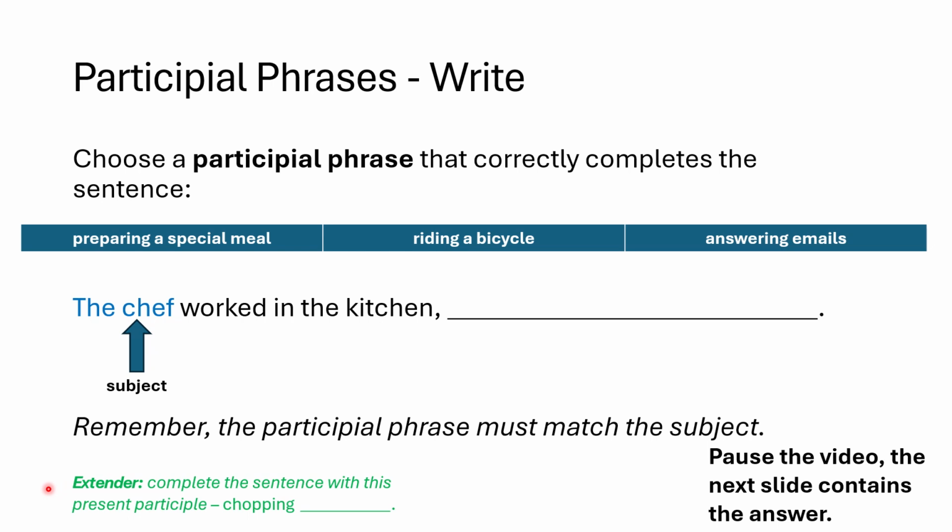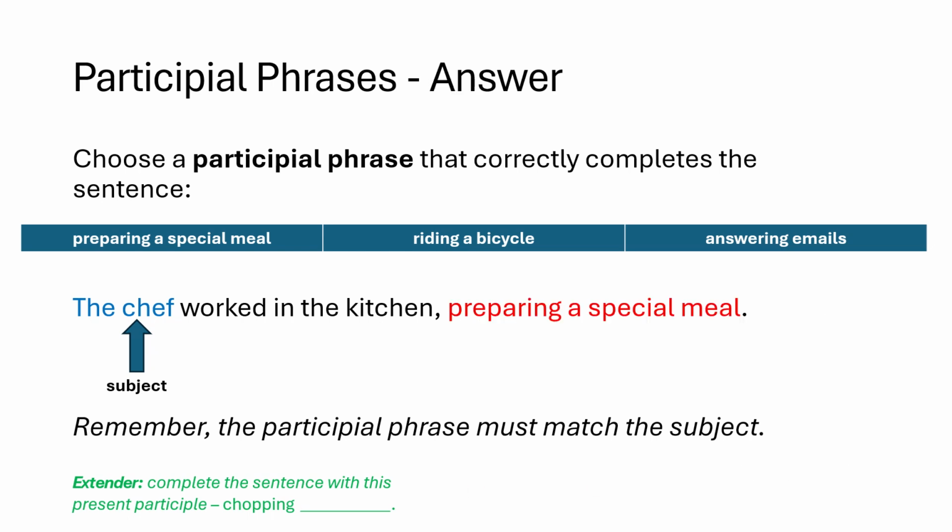Here is the extender. Complete the sentence with this present participle. Chopping. Pause the video. The next slide contains the answer. Check your answer. The chef worked in the kitchen, preparing a special meal.